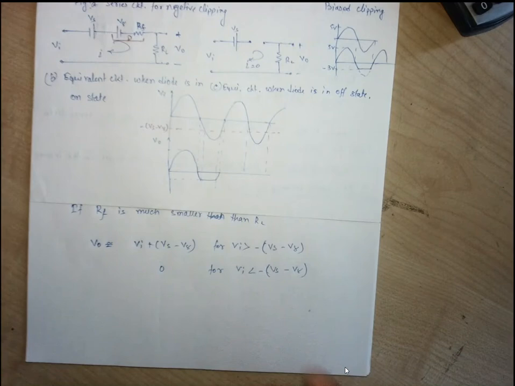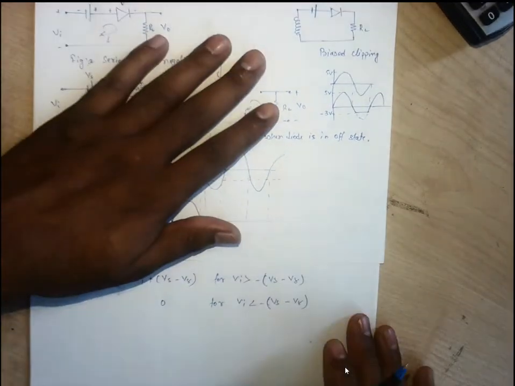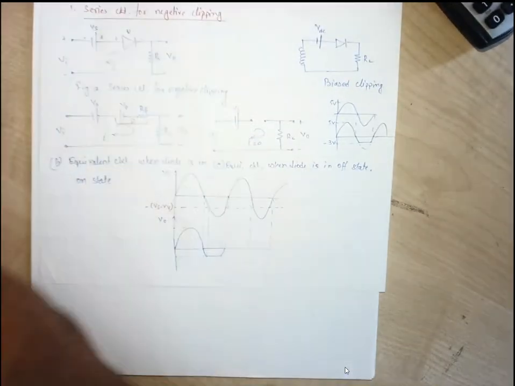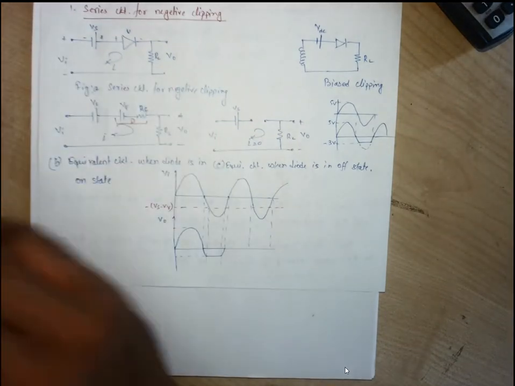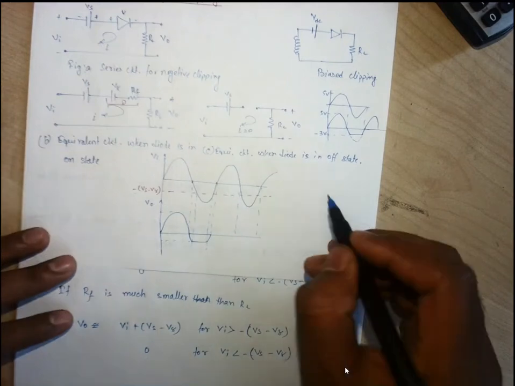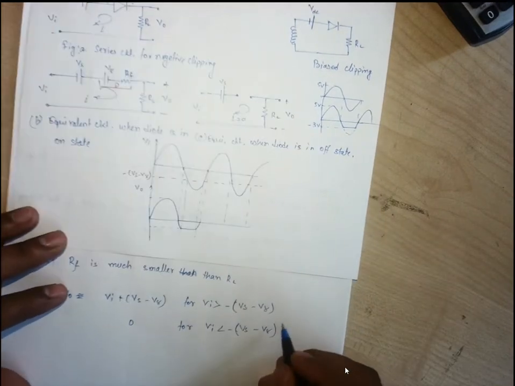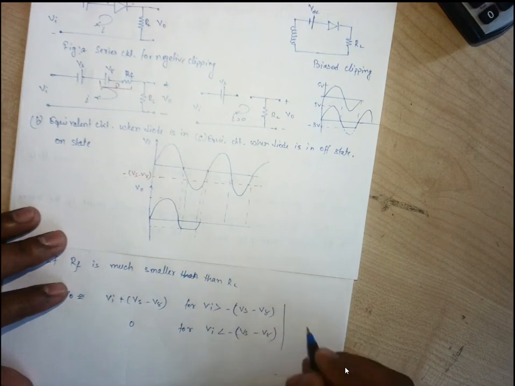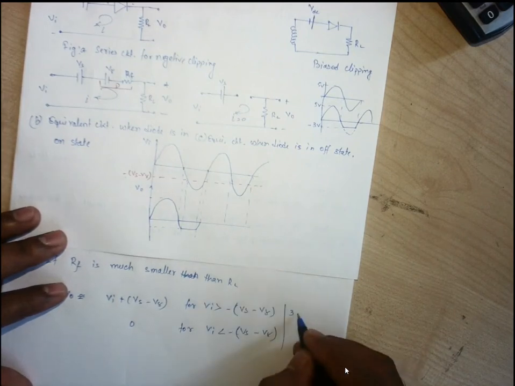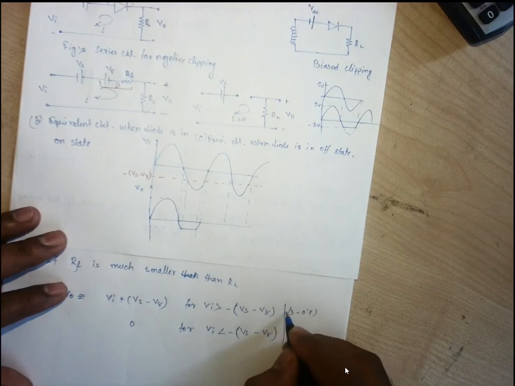So let us take the practical scenario. Let us think that Vs is 3 volt, our Vi is 5 volt. So the on condition, let us consider Vs is 3 volt. V gamma we know is 0.7, let us consider the silicon diode, and that is the negative.